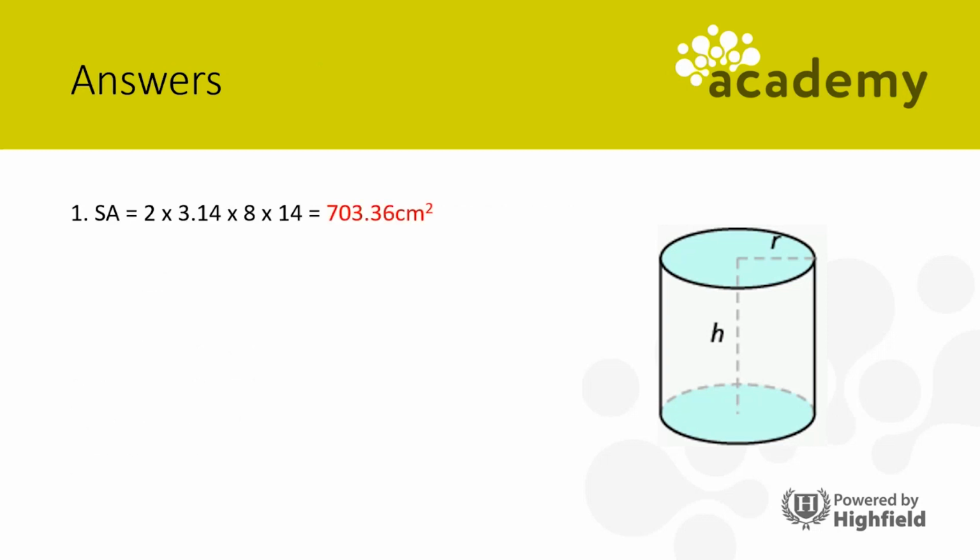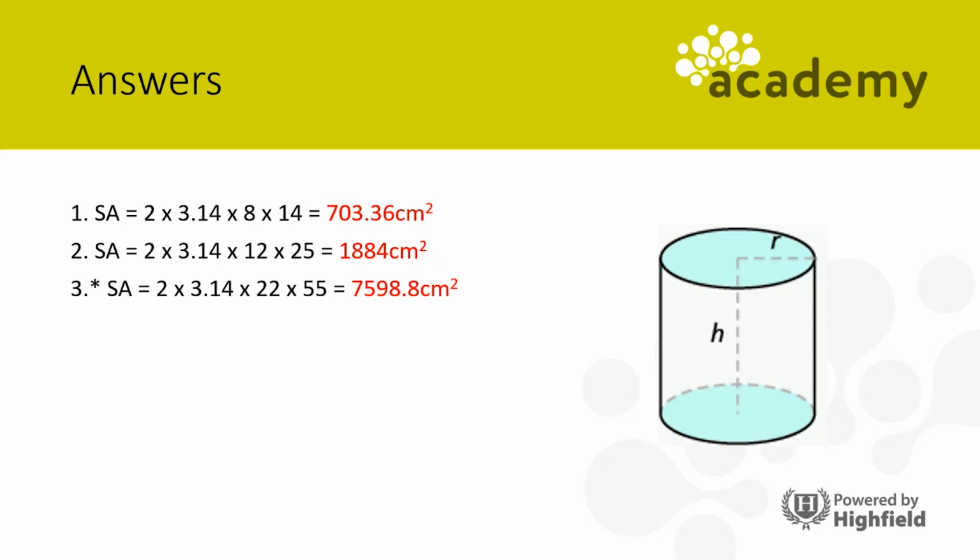In the first example, it is 2 times 3.14 times 8 times 14, which is 703.36 centimeters squared. In the second example, the surface area is 2 times 3.14 times 12 times 25, which is 1,884 centimeters squared.